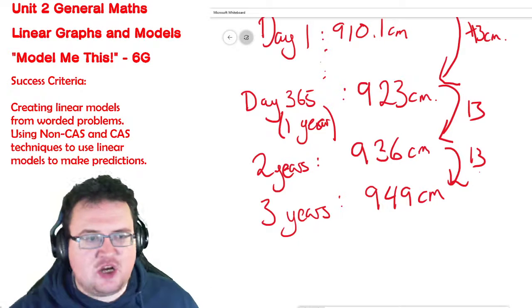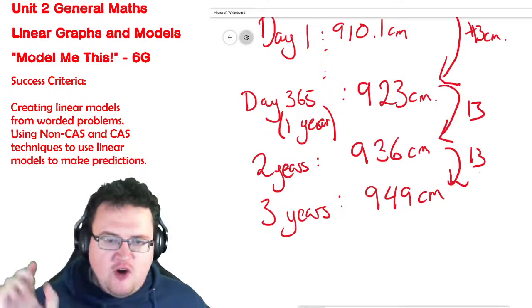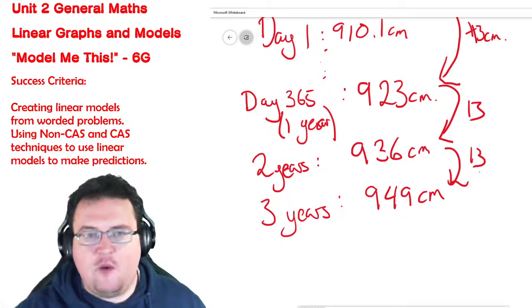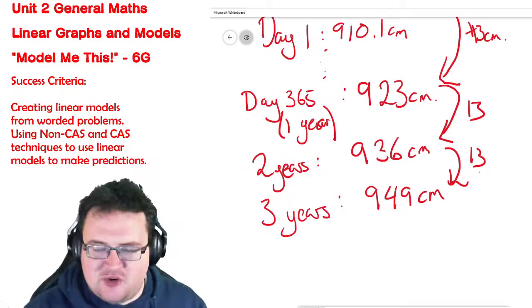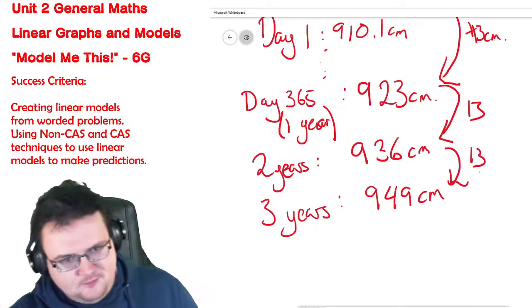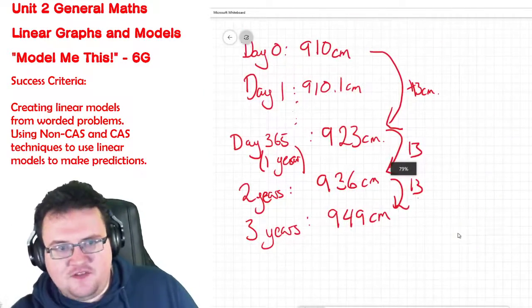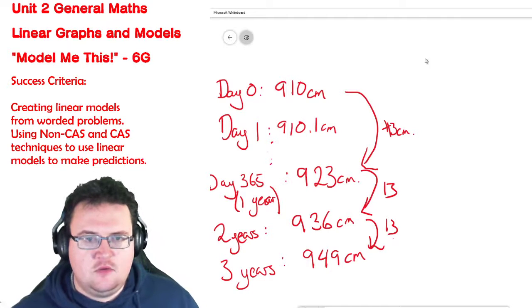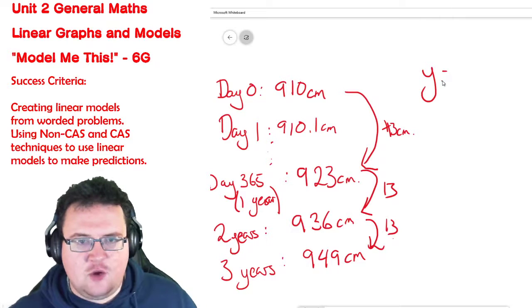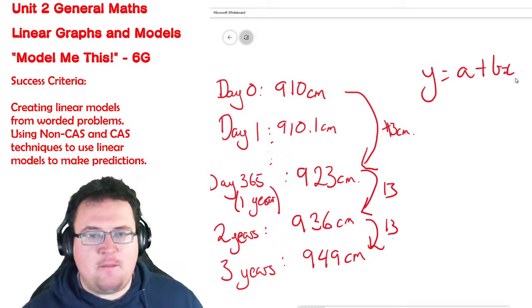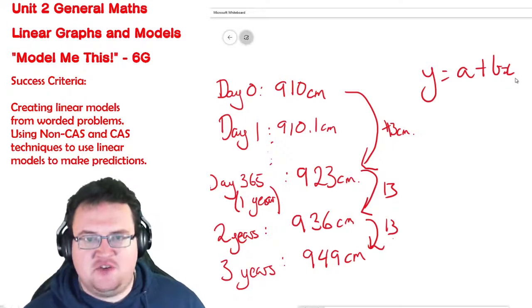So what we need to do is create a linear model that represents how this tree is growing. All right, and we are going to use this model to make predictions about the future. So, looking at this information, we need to set up an equation. Y equals A plus BX. Now, remember, B is the rate of change.